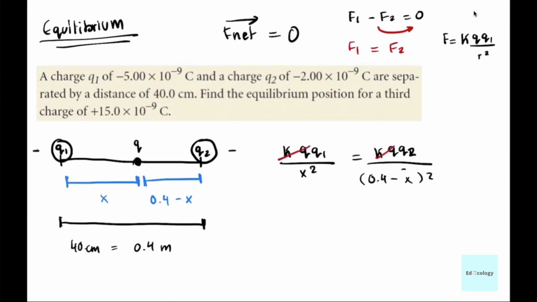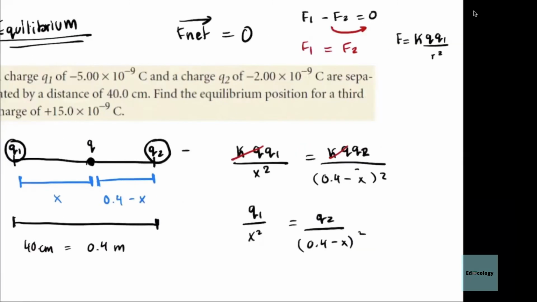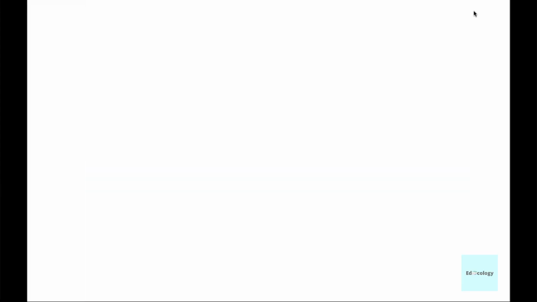KQ. So you can just cancel KQ in both out, okay? You will be left with Q1 over x squared is equal to Q2 over 0.4 minus x squared.